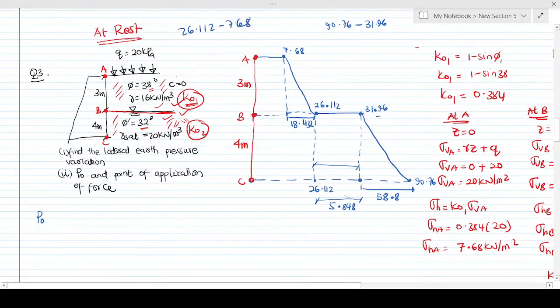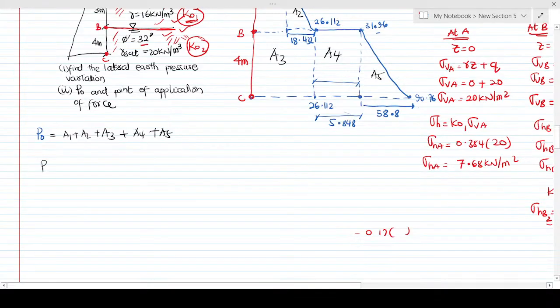This will be my A1, this will be my A2, this whole thing will be my A3, this one A4, and this one A5, right? So my P naught is going to be E1 plus E2 plus E3 plus E4 plus E5, right?